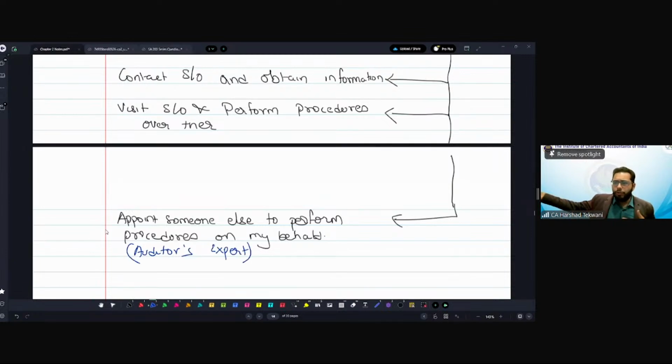Then I may use SA 620, relying upon the work of an auditor's expert.